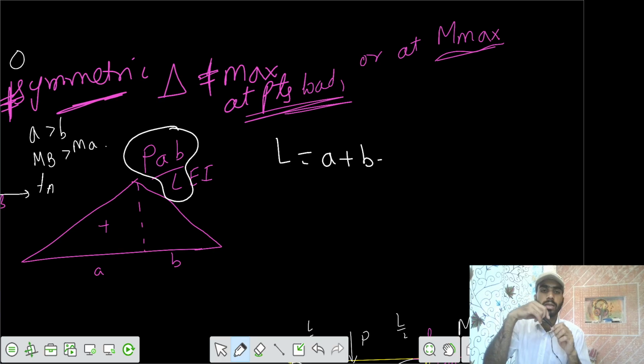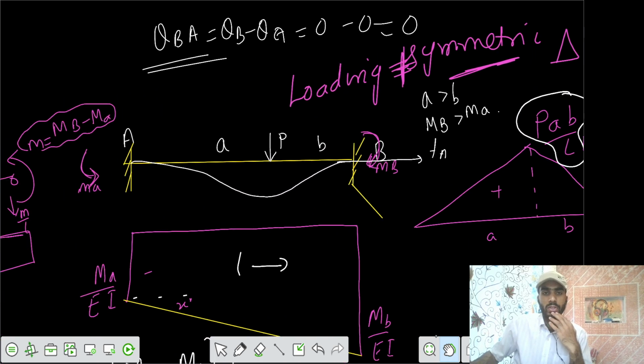We can't say that statement. So we need to use the next condition, using the fixed supports themselves.